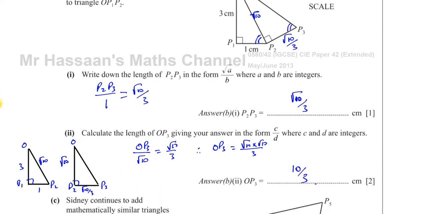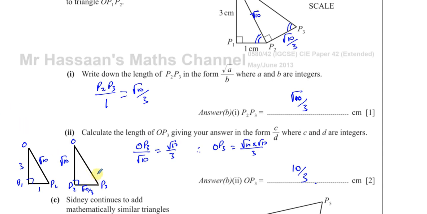I could have also found it, as I said, using Pythagoras Theorem. However, I'm trying to develop a pattern here for the rest of the question. If I use Pythagoras Theorem, you'll see we get the same answer, and you can do it as a check. This is root 10 squared plus root 10 over 3 all squared.